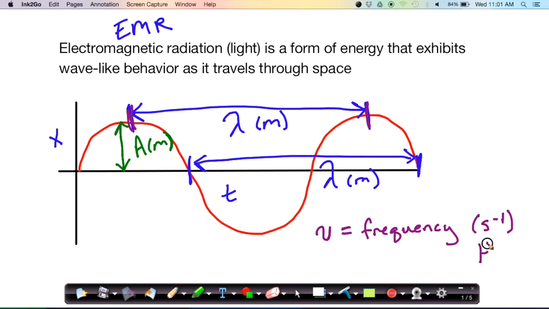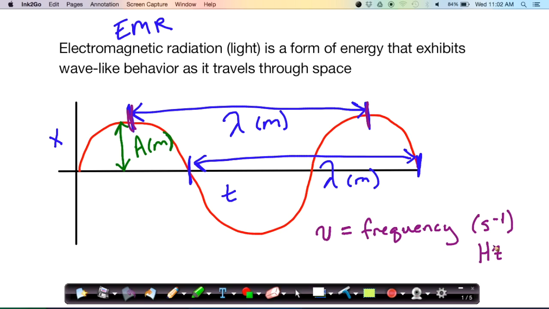In science, we call it hertz, capital H, lowercase z. So you could use either the seconds to the negative first or the hertz designation as a label for frequency if you're counting the number of times something occurs per second. So wavelength, amplitude, frequency, 3 common characteristics of waves that will apply to our discussion of electromagnetic radiation going forward.